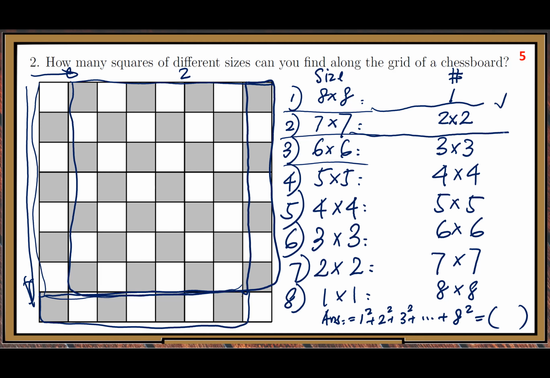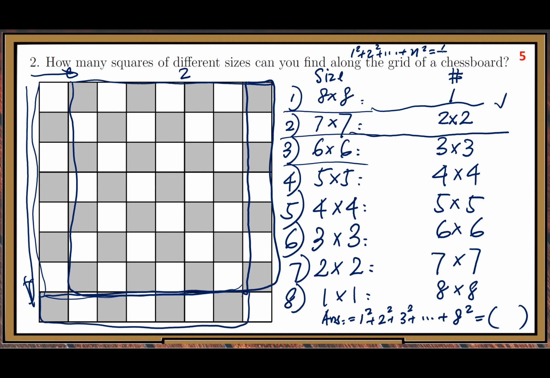Can you find an example that is 1 square plus 2 square plus dot dot dot plus n square? Because when you learn the discrete math, there is a formula to calculate 1 square plus 2 square dot dot dot plus n square, right?